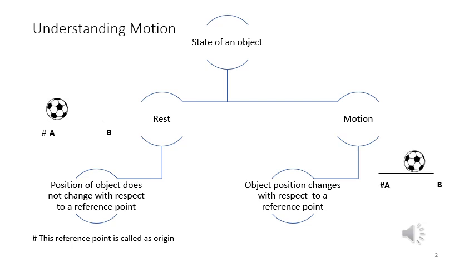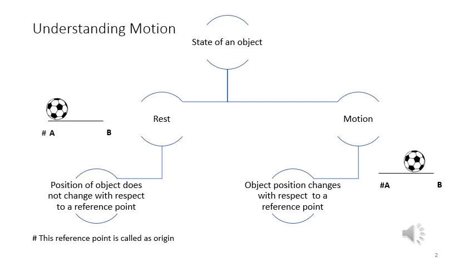If you look into the slide, you will see a football placed at point A. The ball is not moving to point B. It is at rest. So if I compare the position of the football at A, where I say that A is the origin point, then the position of the ball does not change with respect to the origin point, the reference point. So I say that the football is at rest.